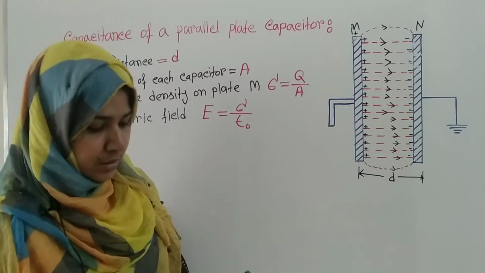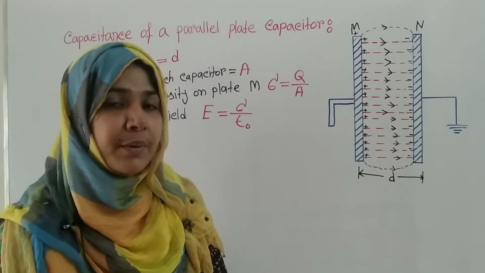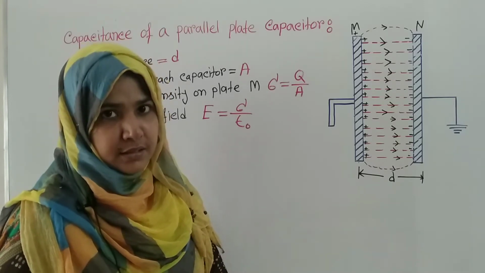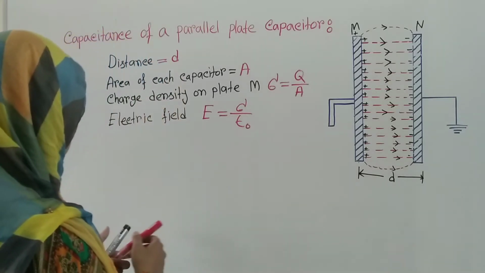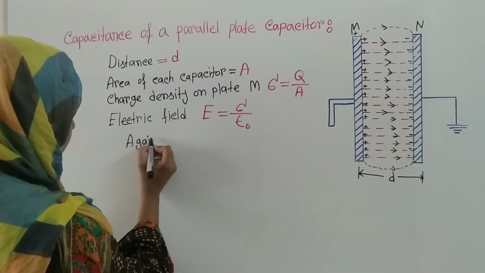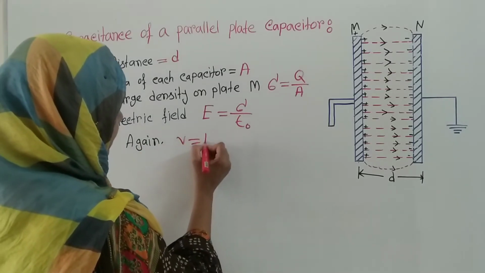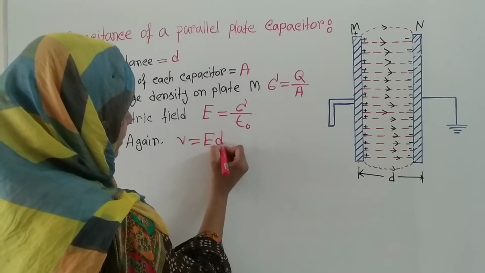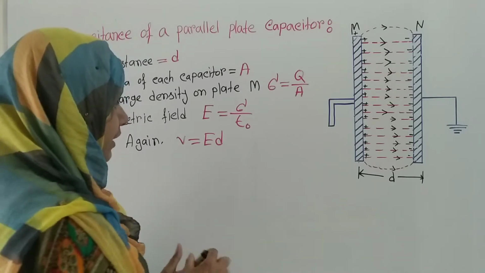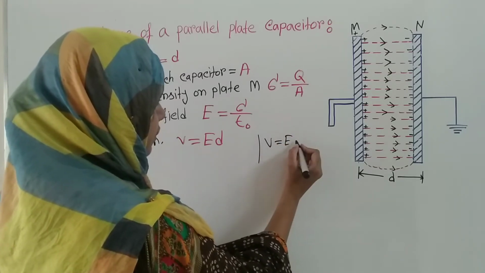In our previous lecture, you have already learned about the relation between the potential difference and electric intensity. The relation was V is equal to ER.